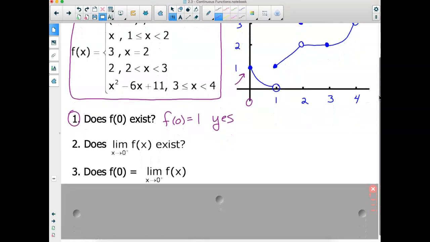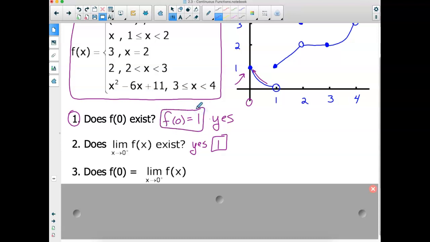So does the limit of f of x as x approaches 0 from the right, so as I'm approaching that value from the right, does the limit exist? And the answer to that is yes, the limit does exist. What is the limit? Okay, the limit is 1.